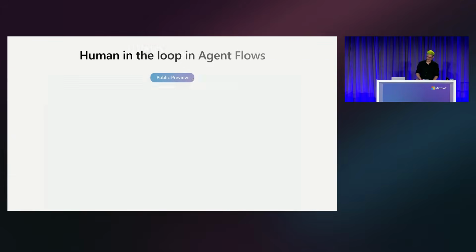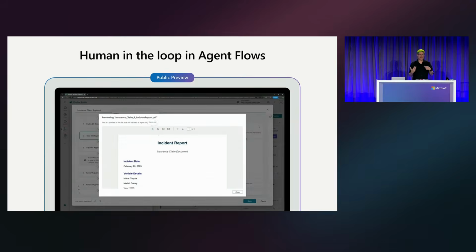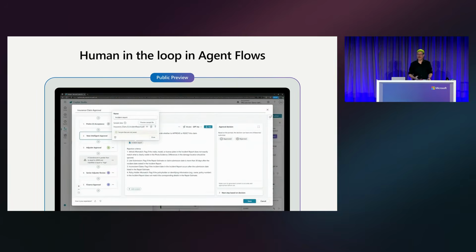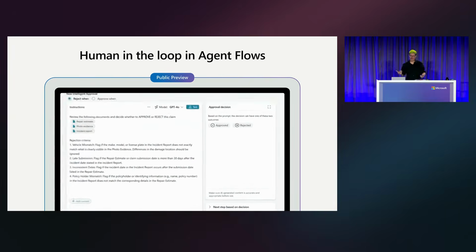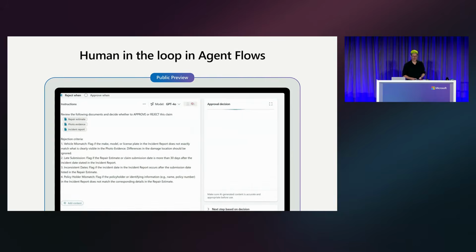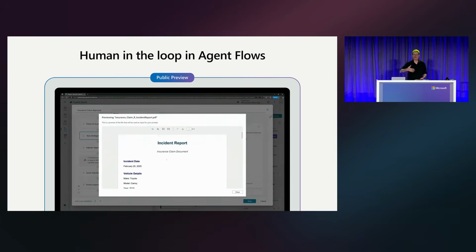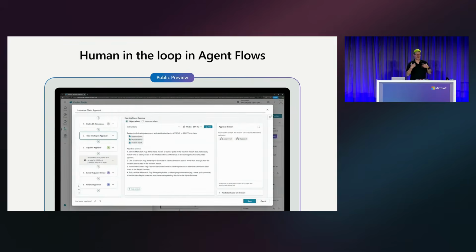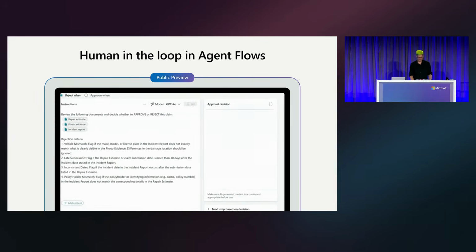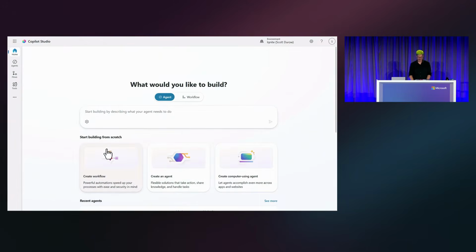So what we can do is we can create what we used to call a Power Automate flow. But now it's got a new lick of paint, some new features, and it's inside Copilot Studio. And there is also the ability to have human in the loop. So if our agent hits a snag, we can actually go and call out and get myself to go and intervene or make a decision. So let's go and have a look at how we do that.